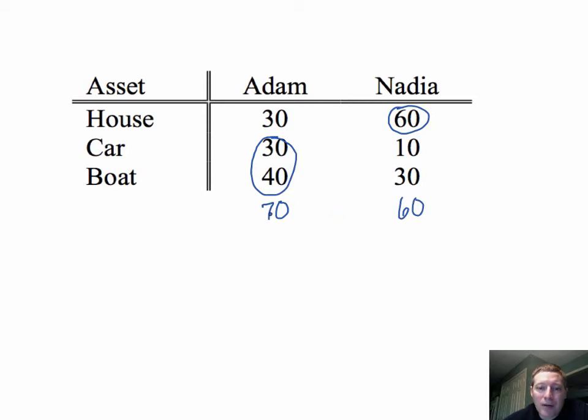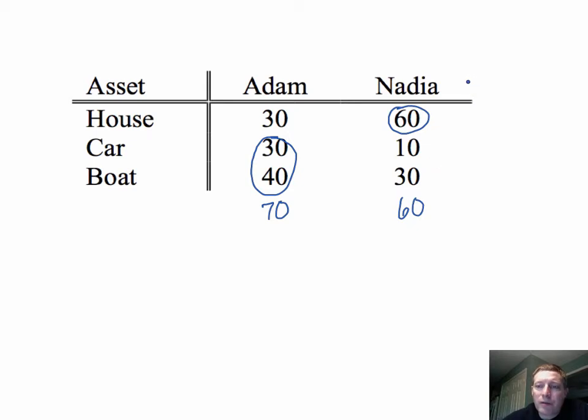So we have to somehow get these points to be equal. So which should it be? Should Adam give part of the car back, or should Adam give part of the boat back? Again, we could just ask Adam and Nadia what they think, but again, just looking at it from a purely objective mathematical sense, what we want to do is give the item back, give a fraction of the item back that is the least valuable to Adam, which when you think about it from the point system that was done earlier, if it's the least valuable to Adam, automatically it will be the most valuable to Nadia.